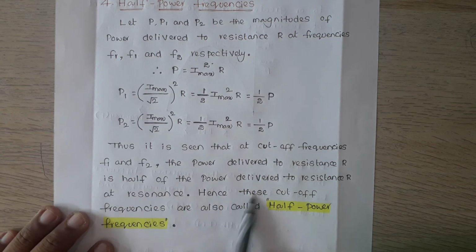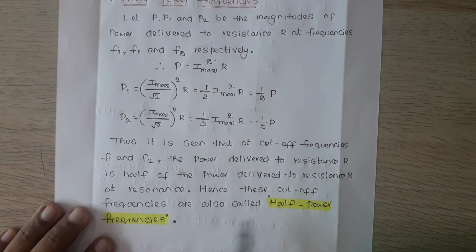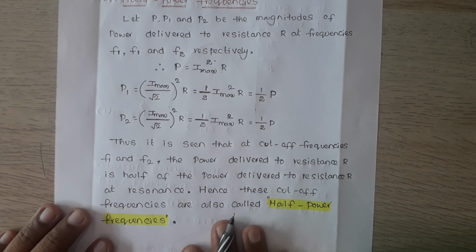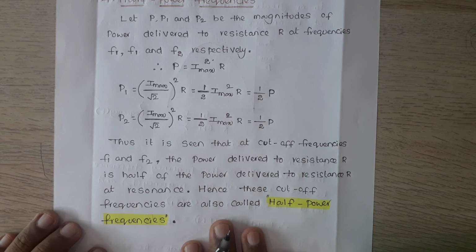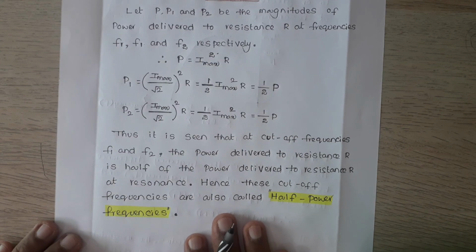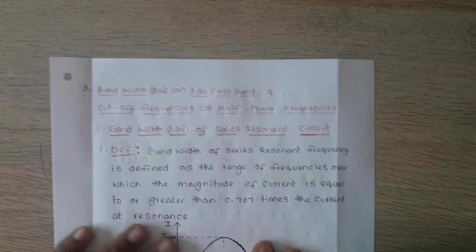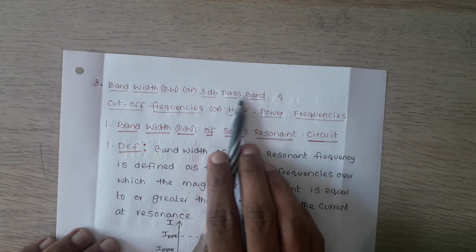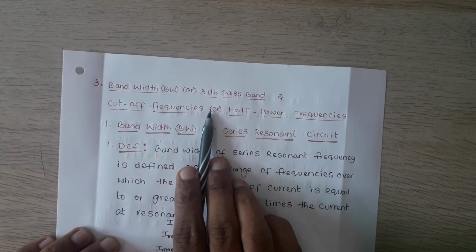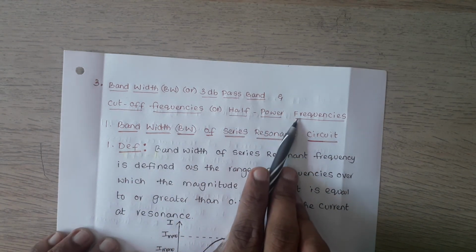Hence, these cutoff frequencies are also called half power frequencies. So this is about bandwidth, or 3 dB pass band, and cutoff frequencies are otherwise called half power frequencies.